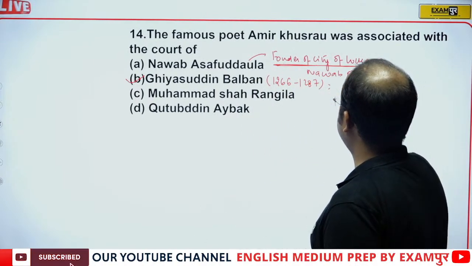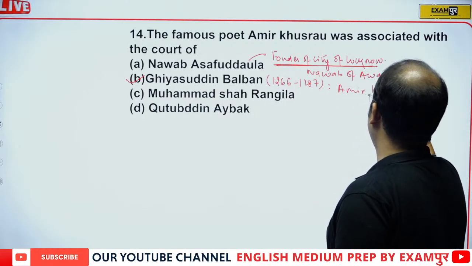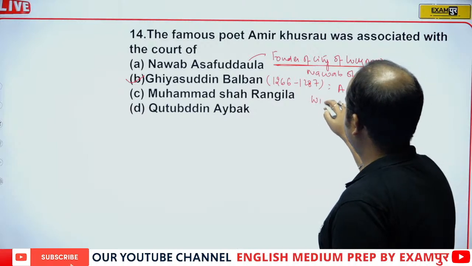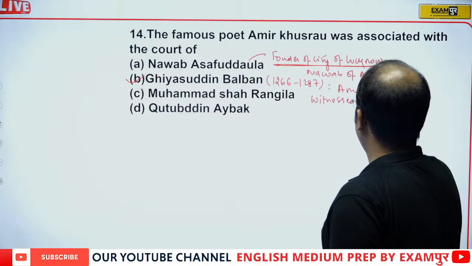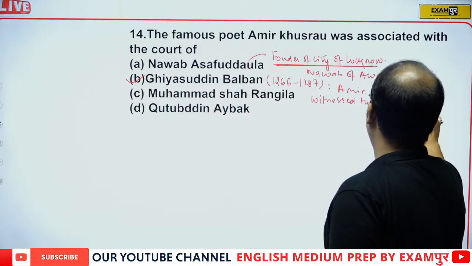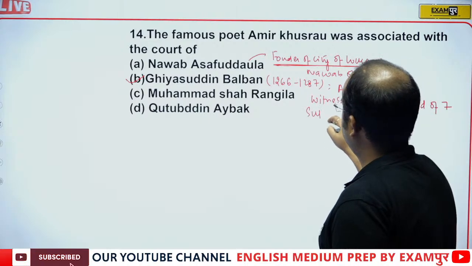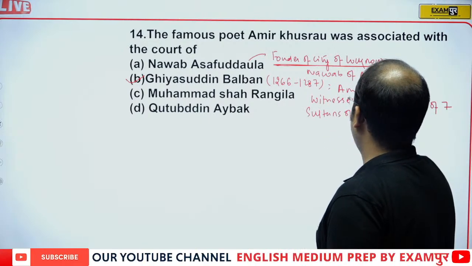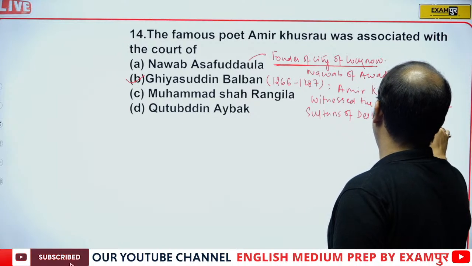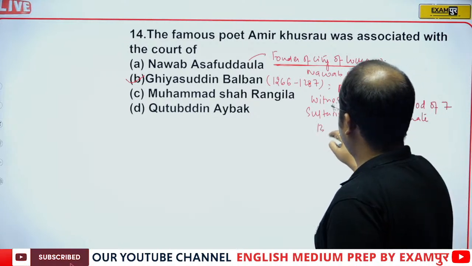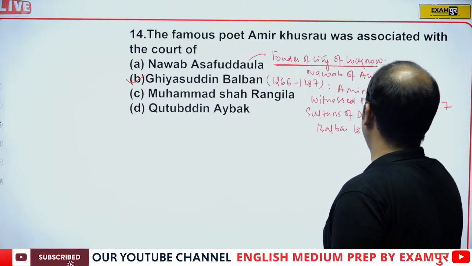The reason is this, guys: it is said that Amir Khusro witnessed the time period of seven Sultans of the Delhi Sultanate, that is from Balban to Muhammad bin Tughlaq.